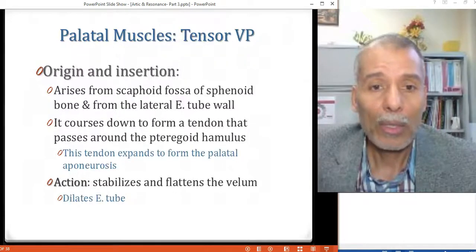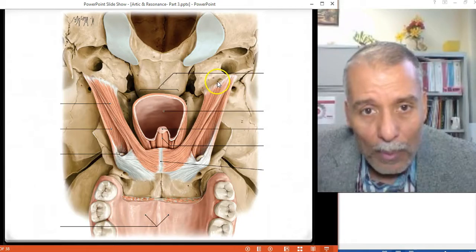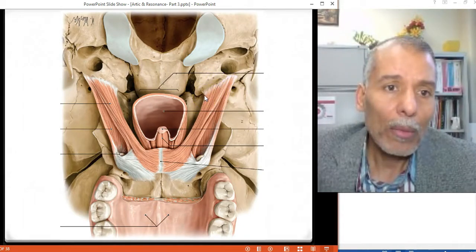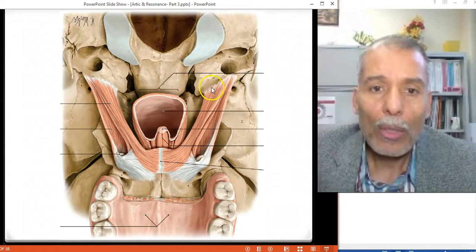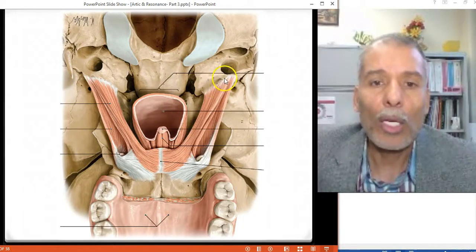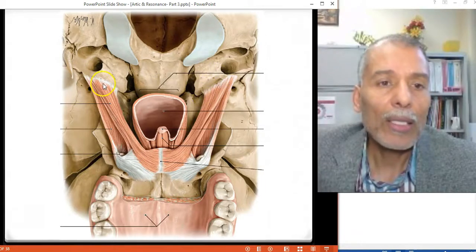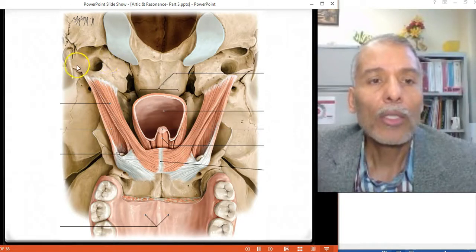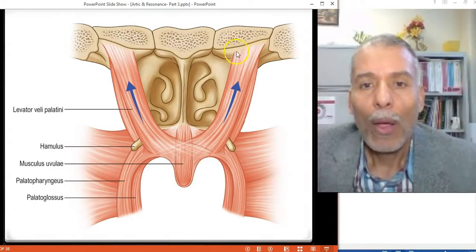Let's go back. No, actually it's going to be here. So here is the muscle originating on the petrous. That doesn't show it has two origins. One part is on the wall of the eustachian tube, but also it has another connection that's not showing here on the petrous portion of the temporal bone, which is here.